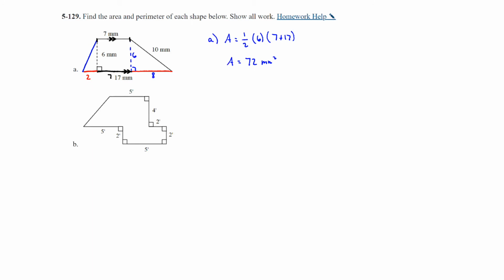So now I have a right triangle with side lengths 2 and 6, so we can find the hypotenuse by taking 2 squared plus 6 squared is equal to, let's call that one C squared. So that's 4 plus 36 is 40. Take the square root of both sides, and C is approximately equal to 6.3.